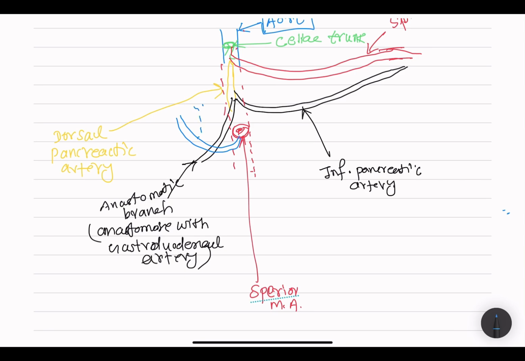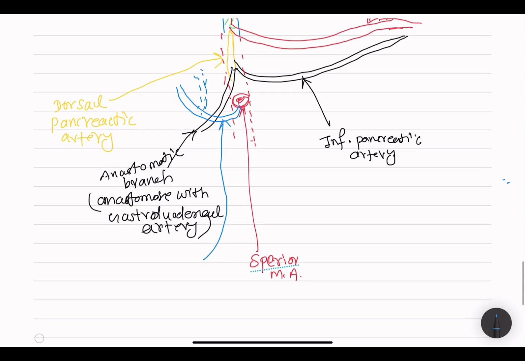So the dotted is the posterior part. So this is the anterior and posterior pancreaticoduodenal artery.